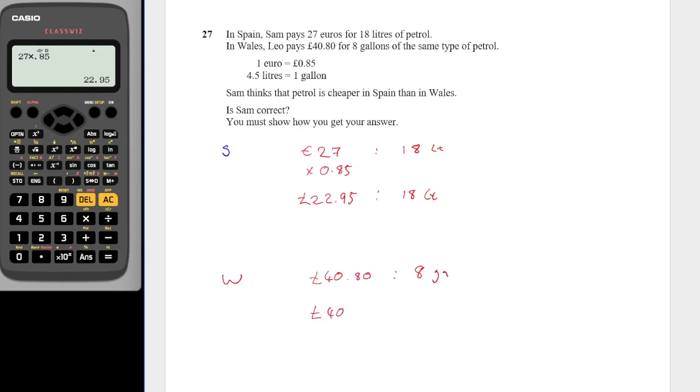If I want to go from gallons into litres, I'm timesing by 4.5. So 8 times 4.5 gives me 36 litres.